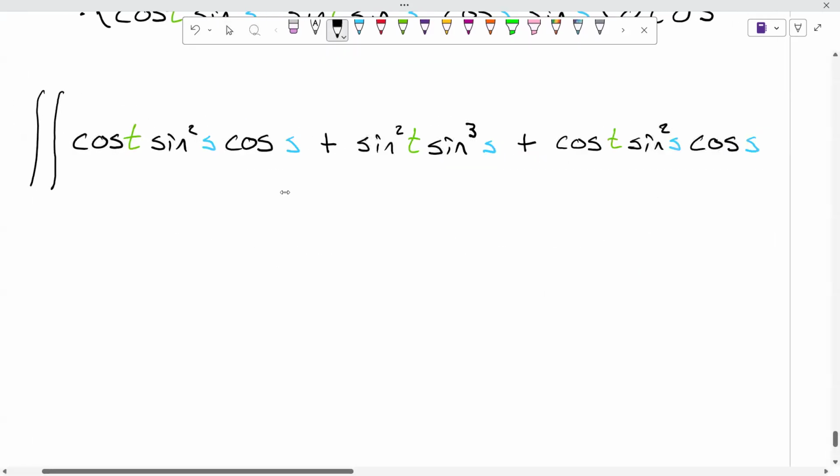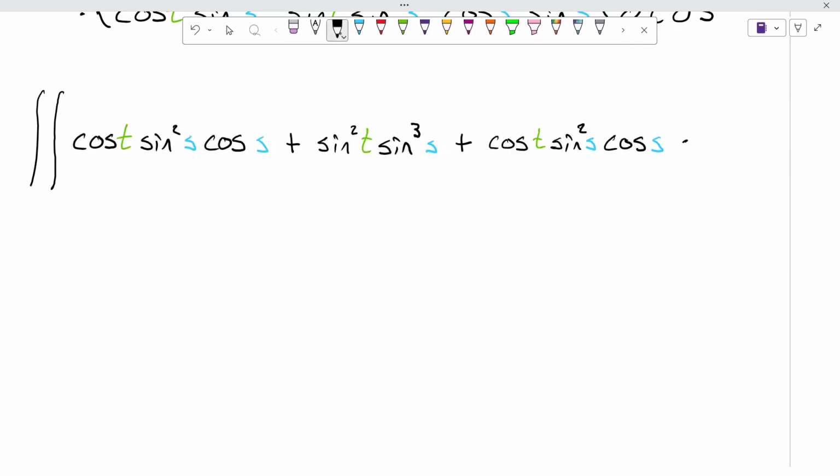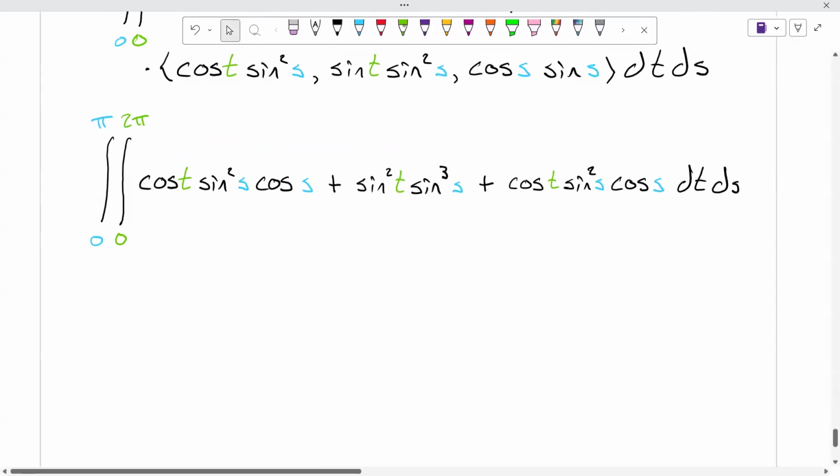Let's again scrunch that down a little bit and call this thing dt ds. We go from 0 to pi for s and from 0 to 2 pi for t. And we start integrating, which is not as bad as it looks, because it does look kind of bad.